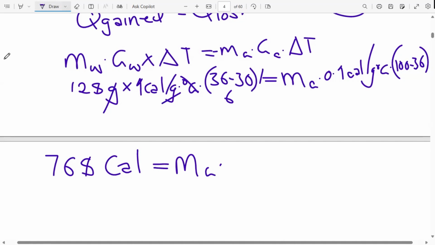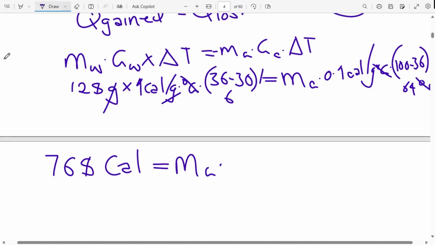This is 64. So I have 64 in my brackets there. I'm going to say 0.1 calorie per gram degree Celsius, of which the degree Celsius can cancel out with the degree Celsius here. I'm remaining with 0.1 calorie per gram multiplied by 64.